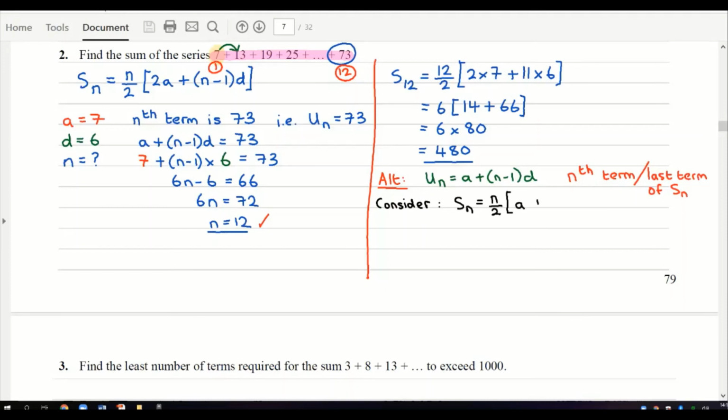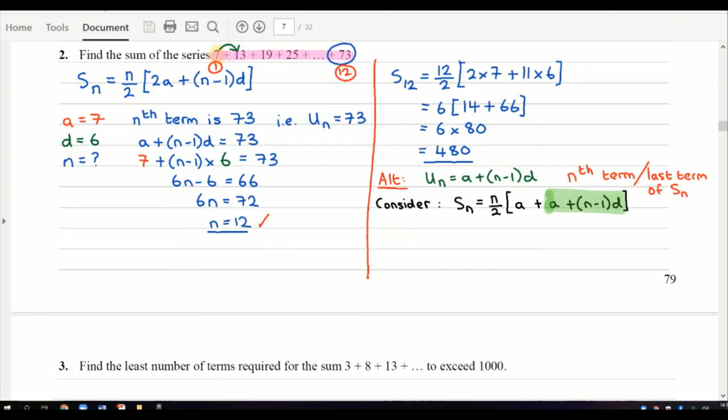It's going to be a plus another a, which is the 2a, plus n subtract 1 multiplied by d. Okay, now this is where it gets interesting. This bit, we've just mentioned this. This is the nth term or the last term of your series.